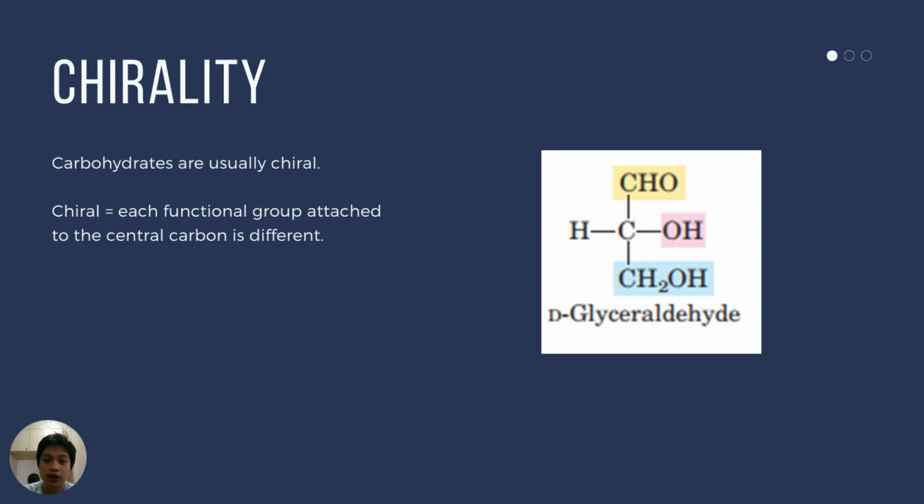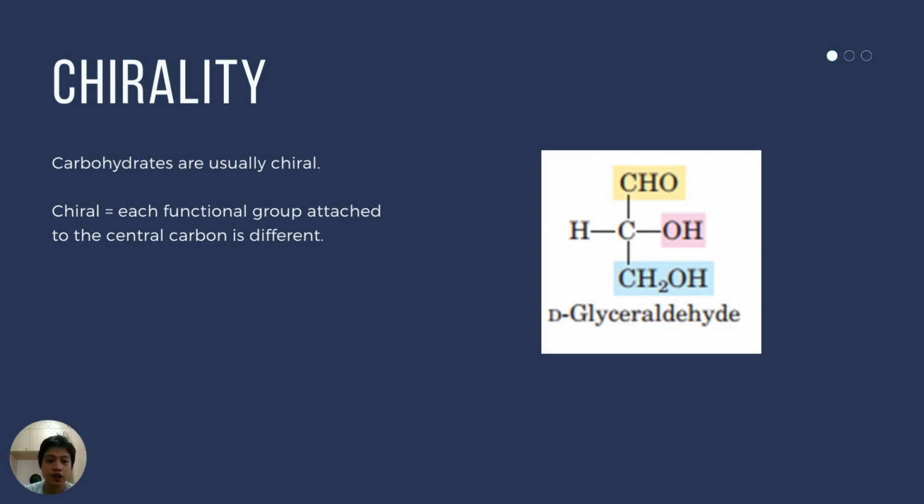So let's take a quick look here at glyceraldehyde. In reviewing, carbon has a valence of 4. Ibig sabihin nun, meron siyang 4 na free electrons that can form bonds with other structures. Okay?